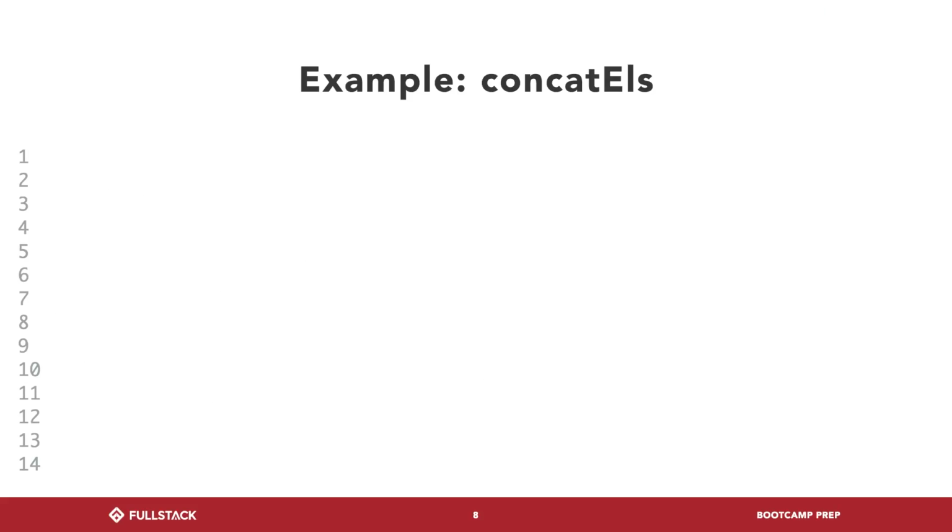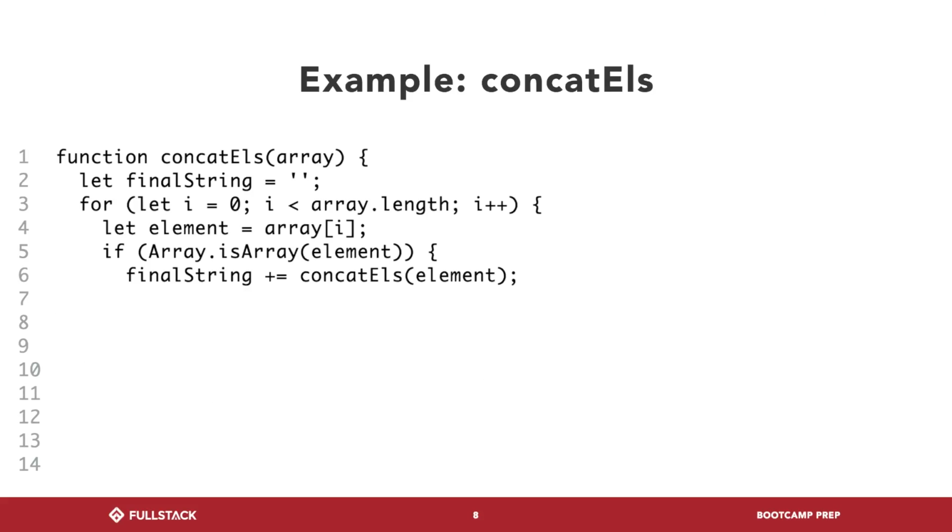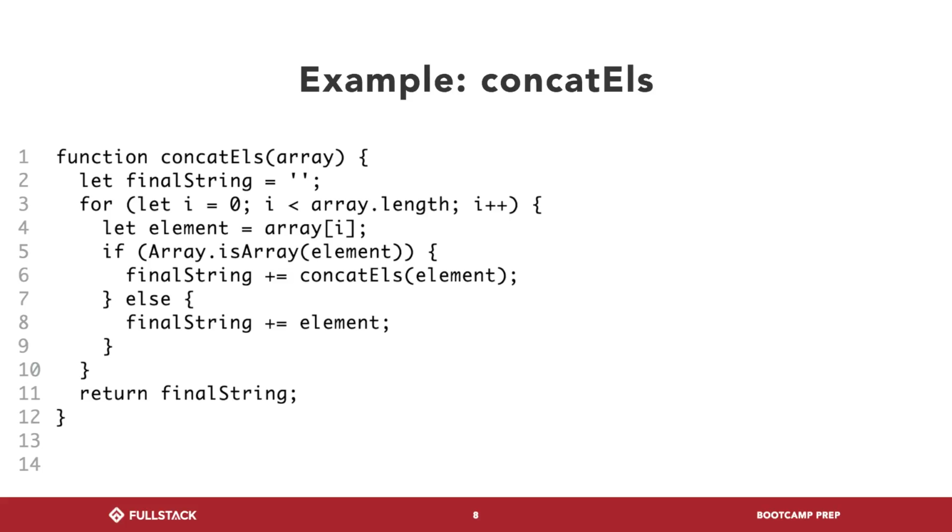But what if rather than having everything be a string, everything could either be a string or an array containing other strings? Now we see where the return comes into play. The way this function is set up is we still have this final string variable that we're creating from scratch, and then we end up returning. The question now is, what do we do to the final string in the middle of this?